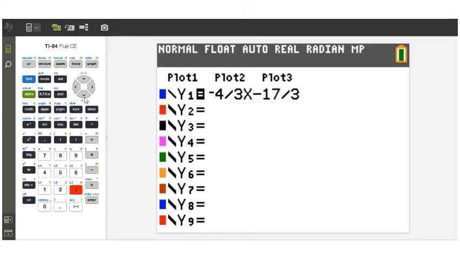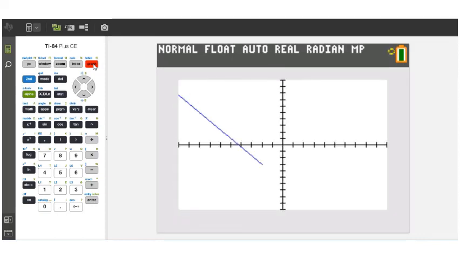And for my second equation, I had minus 7/2 x minus 10. All right, let's take a look at our graph here, see what we got.